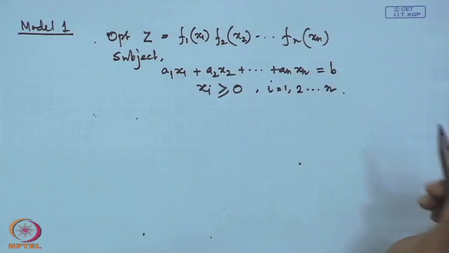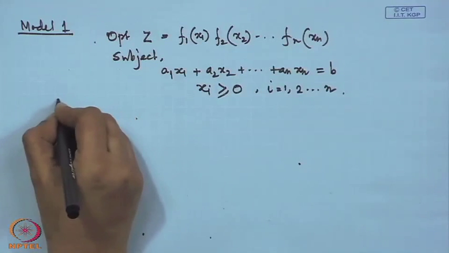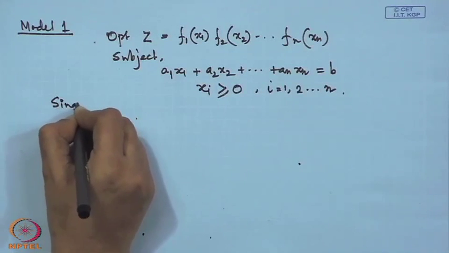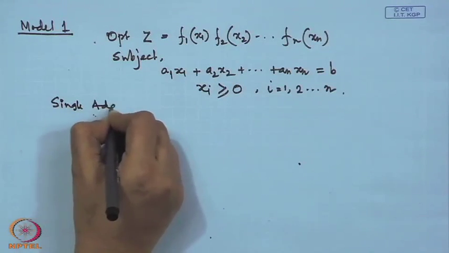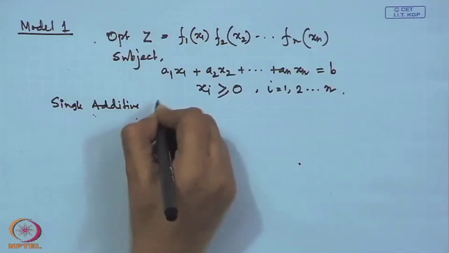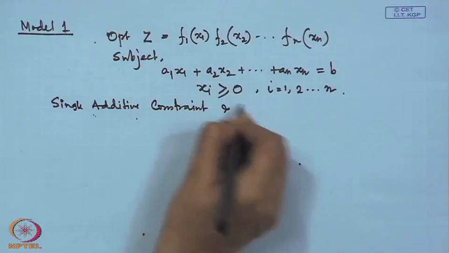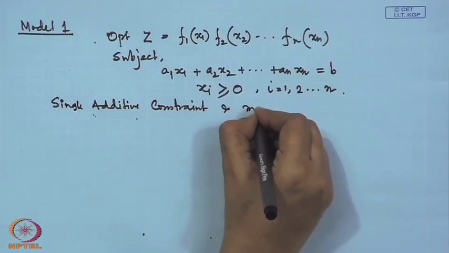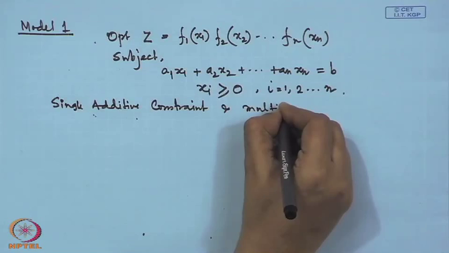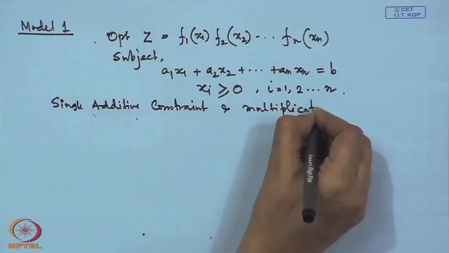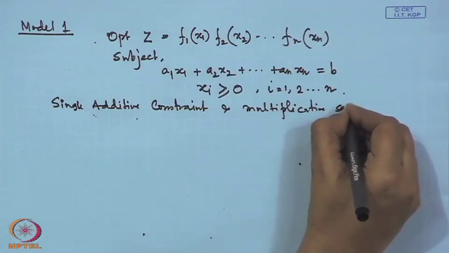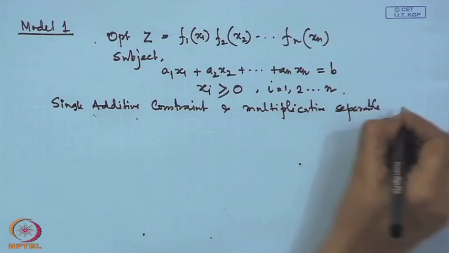Now, we have taken a single additive constraint and multiplicative separable returns.